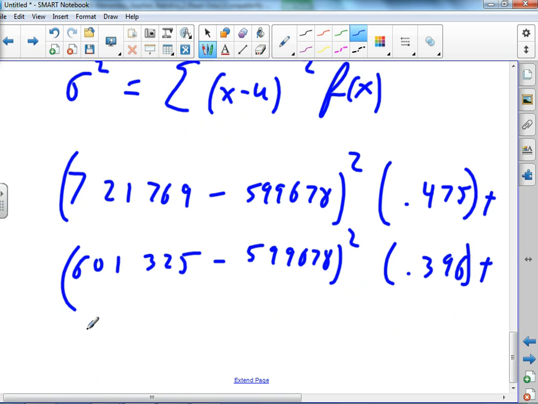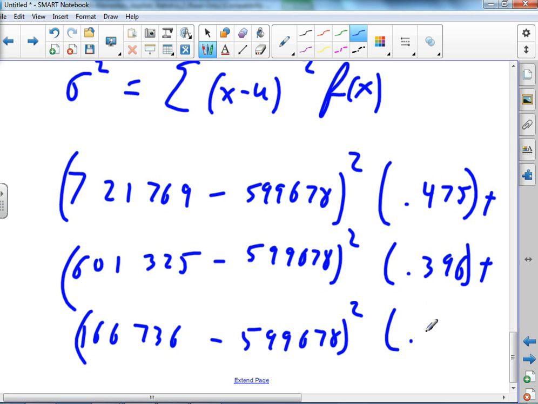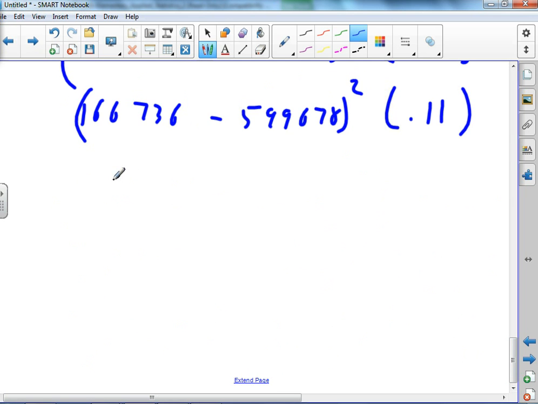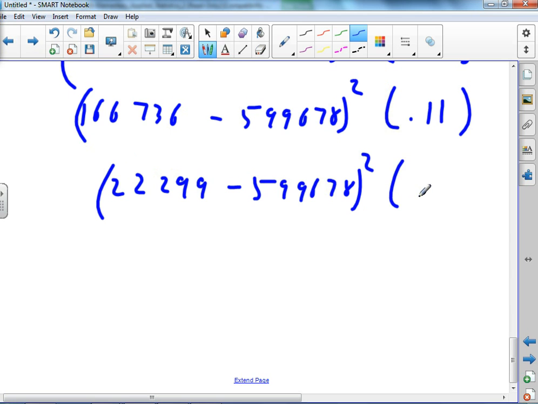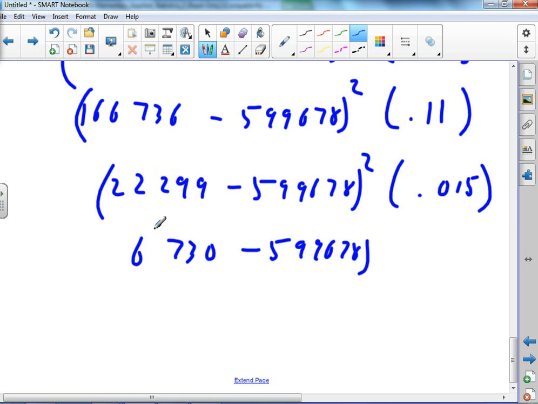And okay, next one, 166,736 minus 599,678 squared times 0.11. I think it's 0.11. 22299 minus 599,678 squared times 0.015. 6730 minus 599,678 squared times 0.004. Okay, that's going to be my variance.